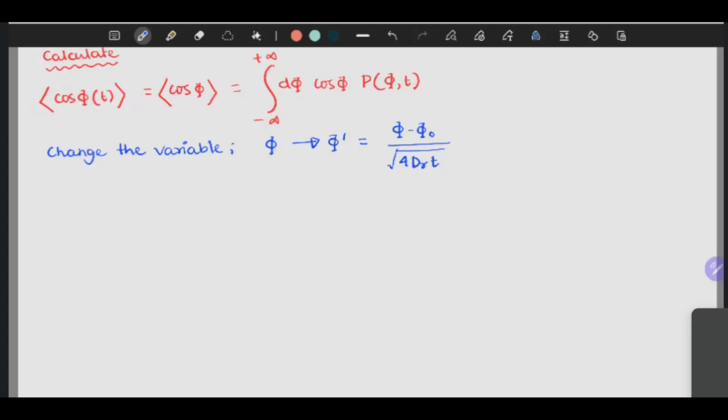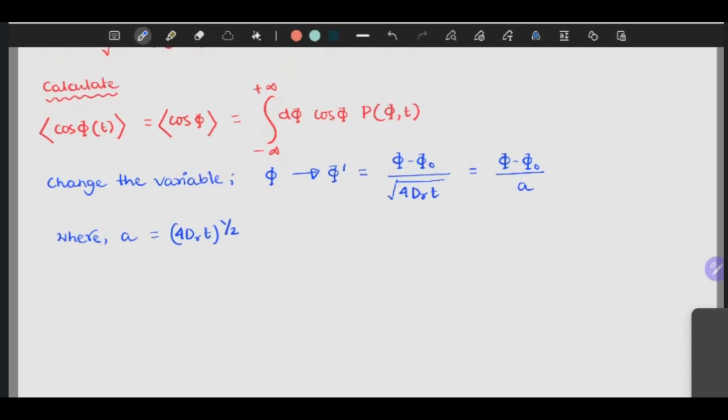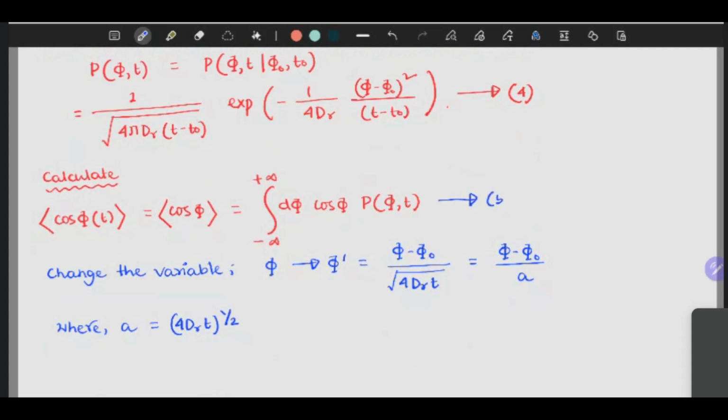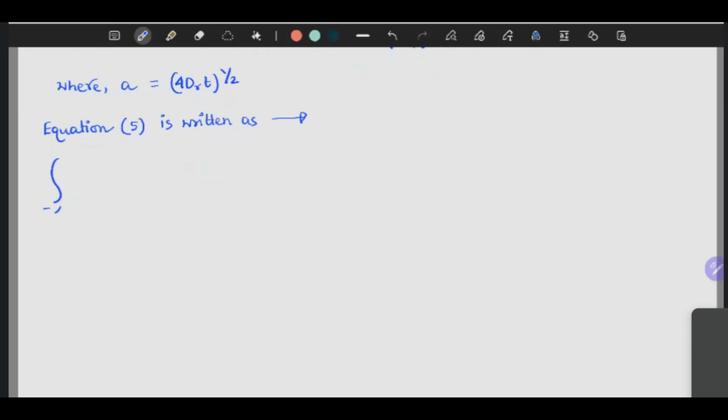So you are changing to this. Okay, so now basically you are making it phi minus phi naught into a, where a is equal to the square root of 4 Dr t into half. Then your equation 5 can be written as the integral from minus infinity to plus infinity.